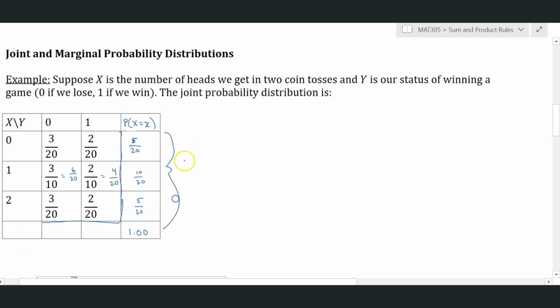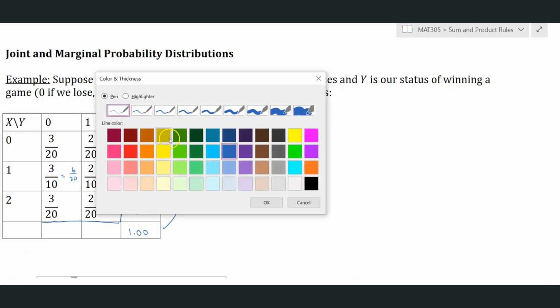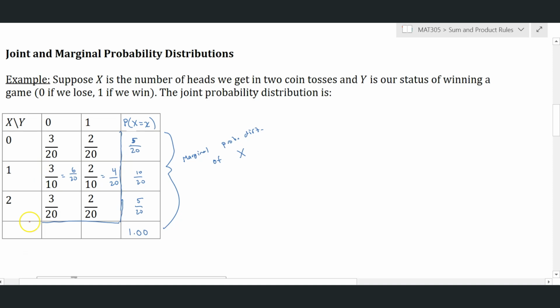And this is what we call the marginal probability distribution of the random variable X. Now, we could do the same thing for Y. What if we just wanted to know what percentage of the time Y takes on each value? In other words, what percentage of the time do you actually lose the game?